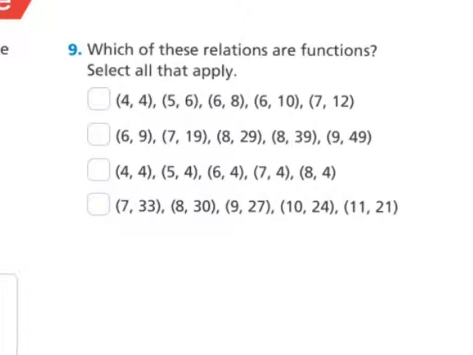Number 9, they want us to tell which of these relations are functions. Select all that apply. So there could be more than one option. So which are functions? So again, first thing I would probably do is look at the X values, see if you have any repeated X values.